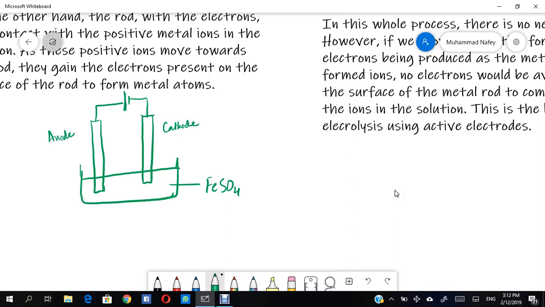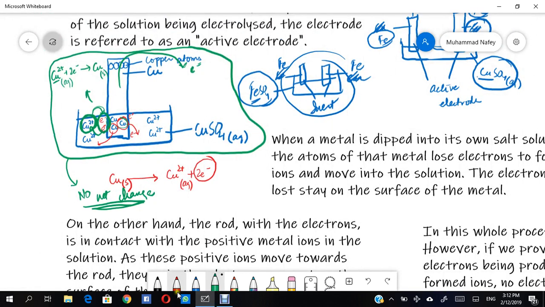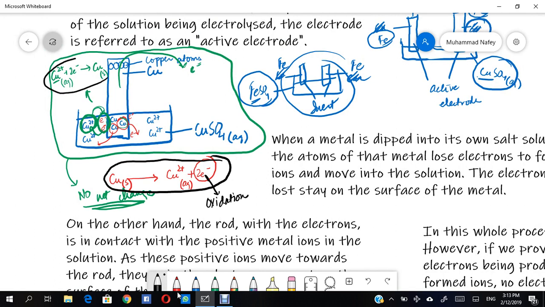Now let's go back to these equations here. And there's one small thing that I think I should have told here. What kind of reaction is this? We can see that electrons are being lost. Therefore, this is an oxidation reaction. Here, electrons are being gained.